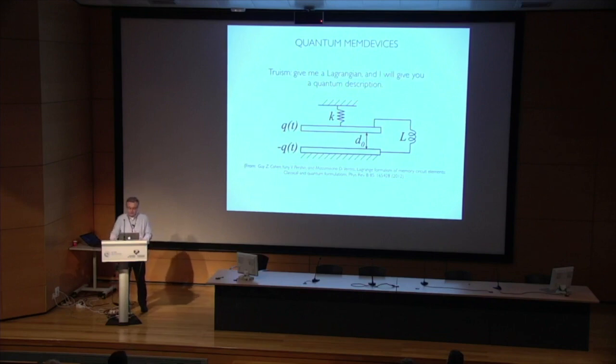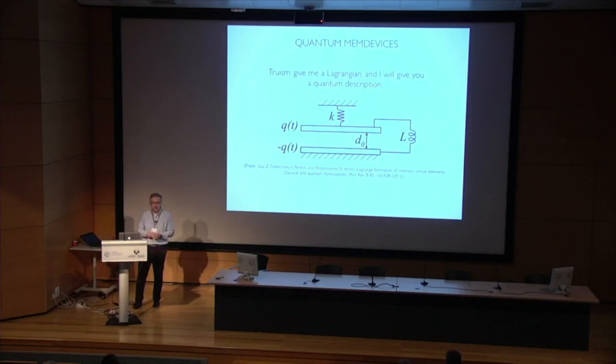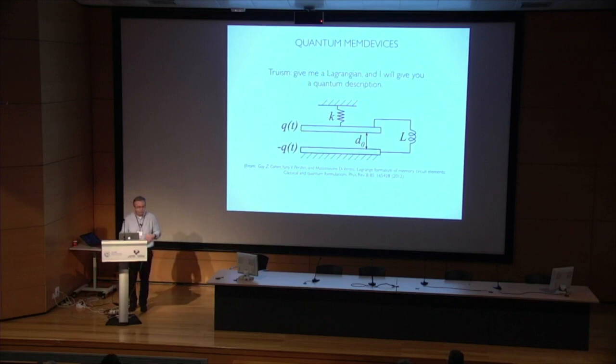In general, for quantum memory devices, the general idea is if you give me a Lagrangian, I am a theoretician, so for me, a Lagrangian you can quantize. You do canonical quantization, okay, it might be hard, I might have to go through some hoops to do it, but that's it. Give me a Lagrangian, and that's it, essentially.